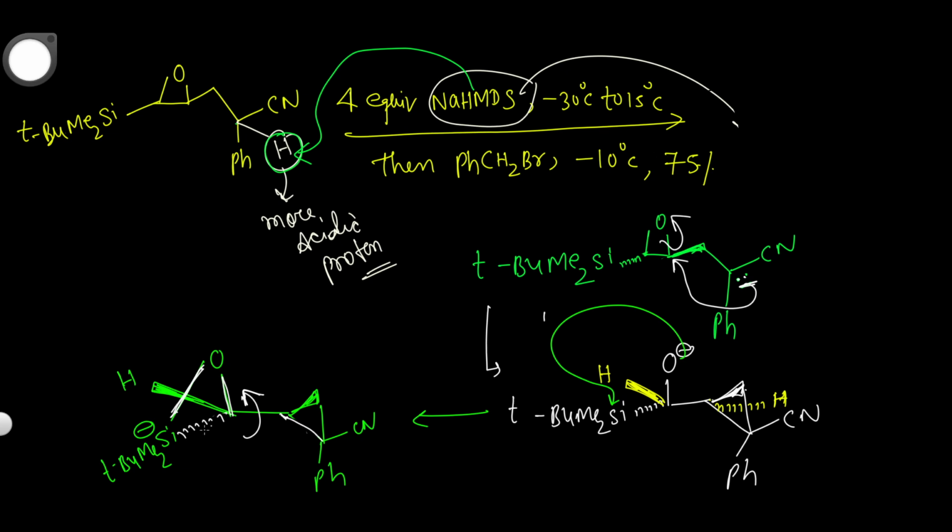So after rotation, what is below the plane goes above the plane, and this hydrogen will go below the plane, because we are doing bond rotation. After bond rotation, the bonds that are below the plane will come above the plane, right? I hope you all know this bond rotation.